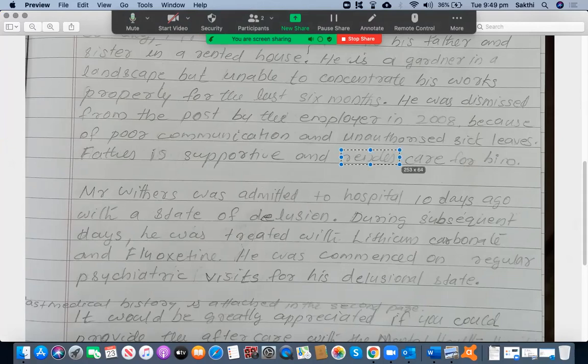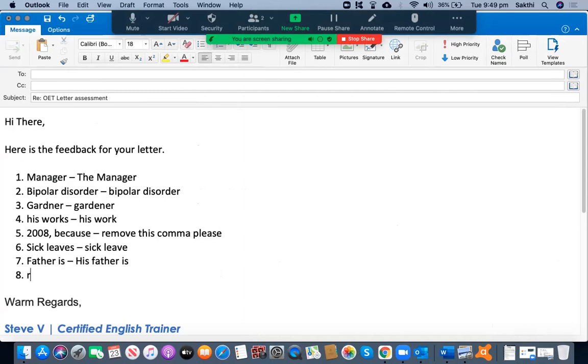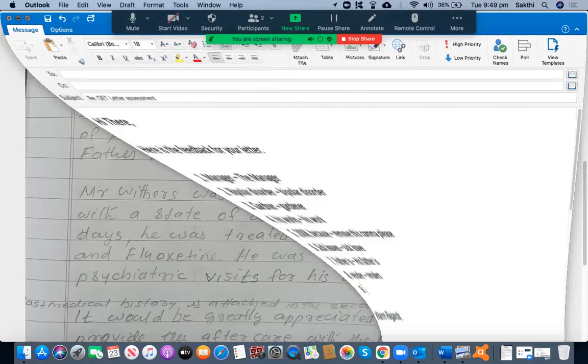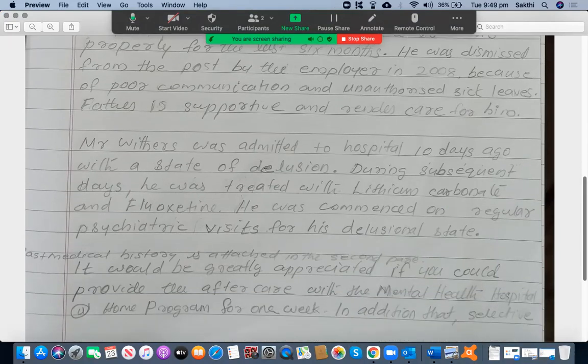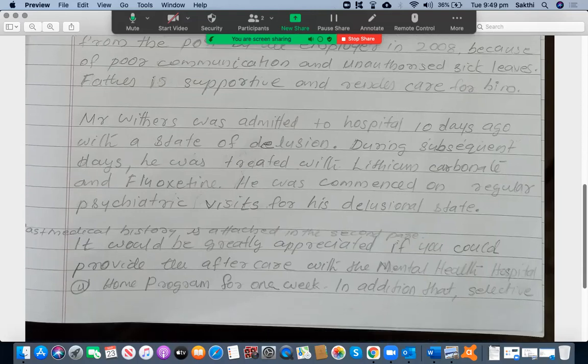Is it render or renders? If it is render only, then it's wrong, because he, she, it always needs verb plus s. Renders care for him. Mr. Withers was admitted to the hospital 10 days ago with a state of delusion.